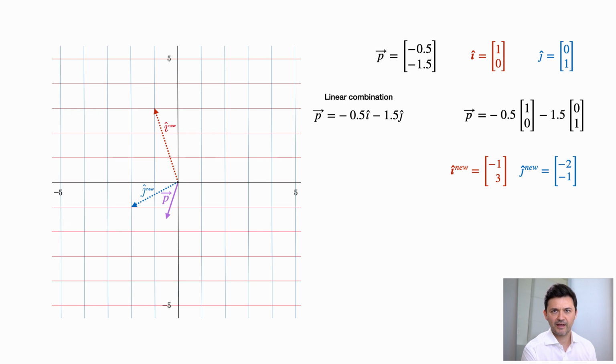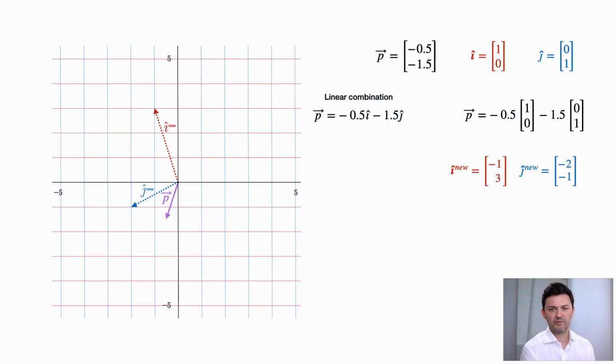So i hat new lands on the point -1 and 3, and j hat new lands at the point -2 and -1. We are still not describing the new space, we are just preparing what will happen after the linear transformation. What we are interested to know is what will happen to p after the transformation. Where will this p new land?